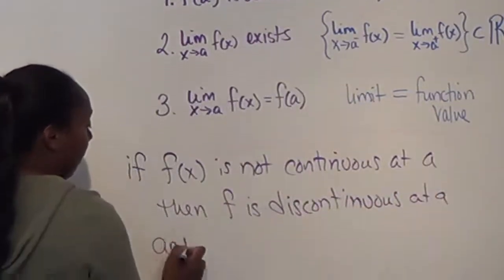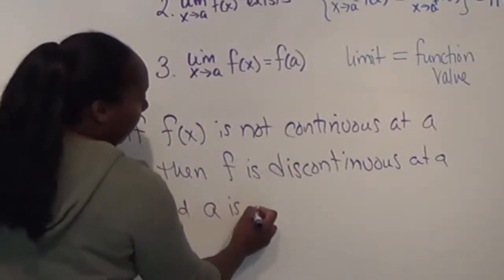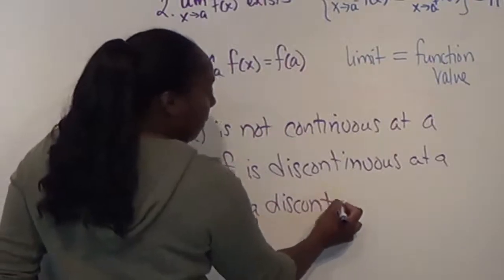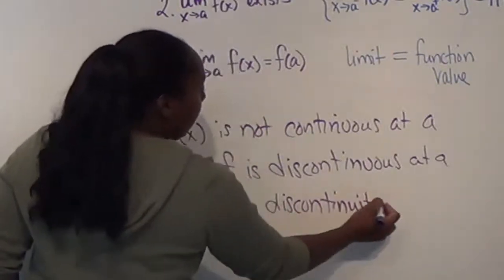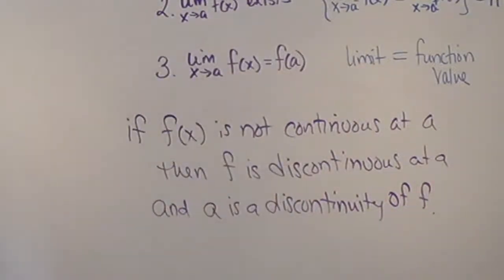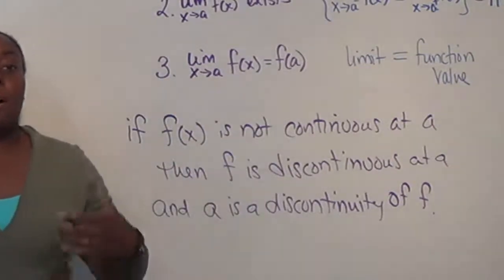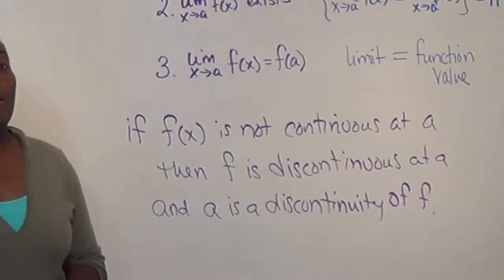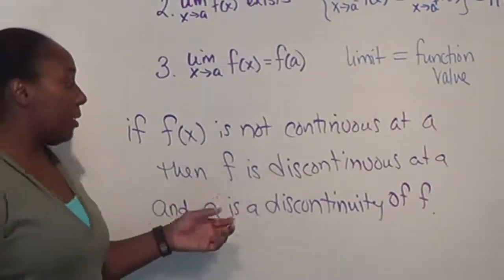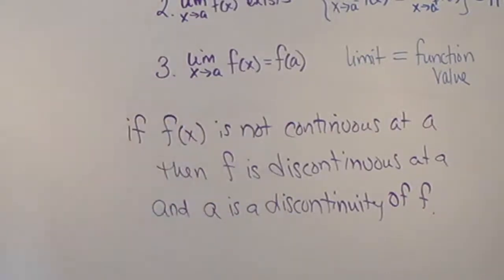And we can say that a is a discontinuity of f. Okay? So some of the times you're going to be asked to determine the continuity, sometimes you're going to be asked to find points of discontinuity, and other times you're just going to be asked to find the intervals for which the function is either continuous or discontinuous.